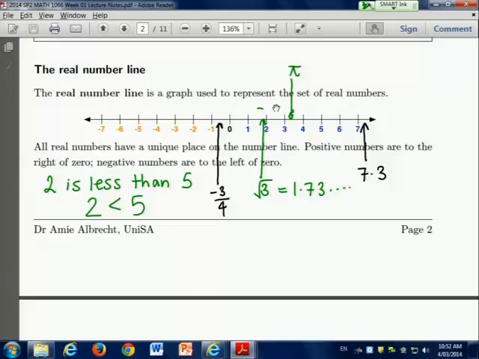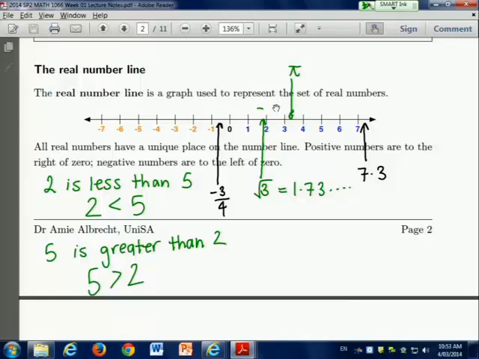You can see that 2 is to the left of 5 on the number line. So I can also say 5 is greater than 2. 5 is to the right of 2 on the number line. These two statements are equivalent, right?